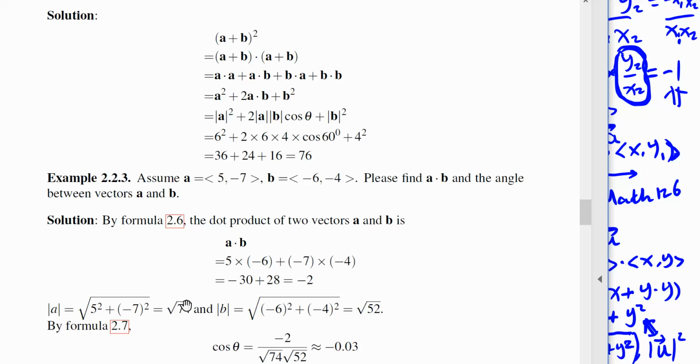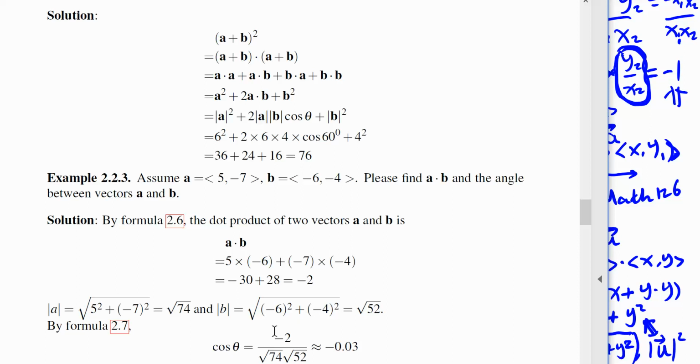You take the square root. That will be the magnitude of A. So you put it right here. Similarly, the magnitude of B is -6 squared plus -4 squared, take the square root. -6 squared is 36 plus -4 squared, which is 16.